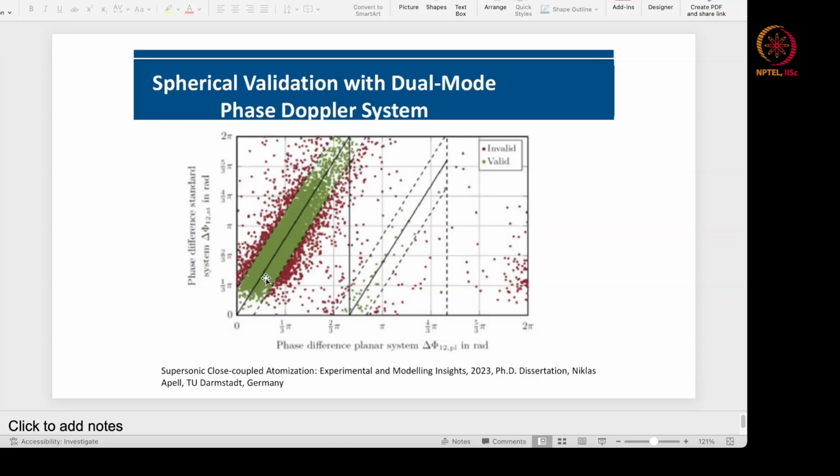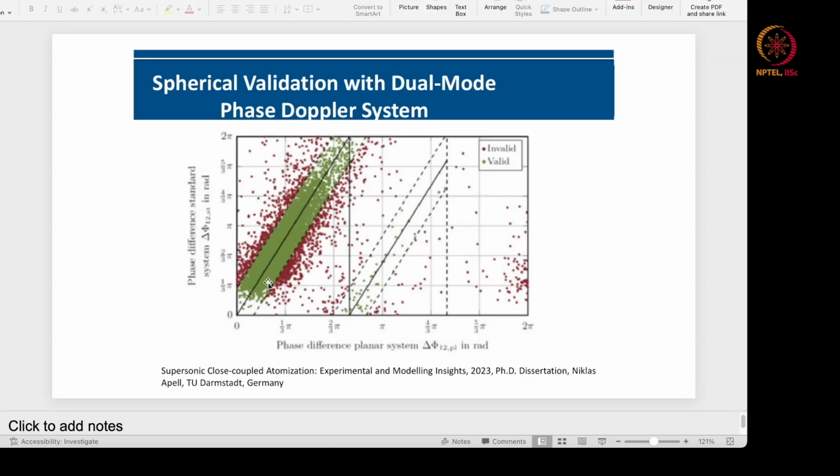It is not one size, so it gives rise to several phases and different particle sizes. This is basically the phase difference between the planar system and the standard system. This is standard, this is planar, as we talked about. All these phase differences correspond to different particle diameters. As you can see, you have a band.